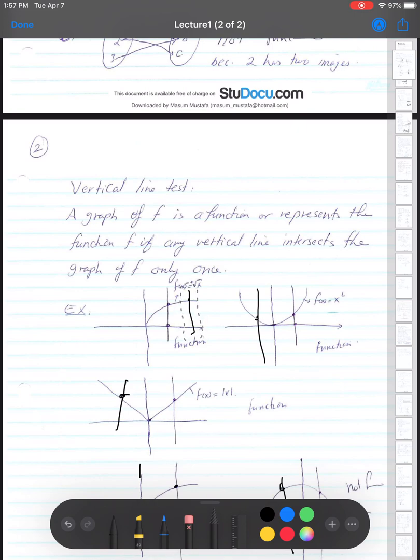So is it a function? Yes. Same here, it's only intersecting at one point for all these graphs. So it is a function, because the vertical line test rule is, if you draw a vertical line through the function, it should only intersect at one point to be a function.